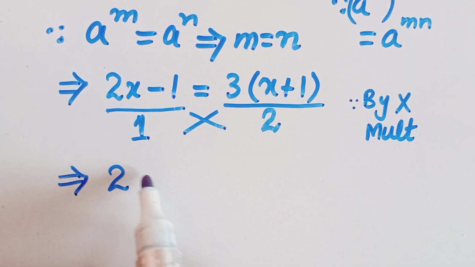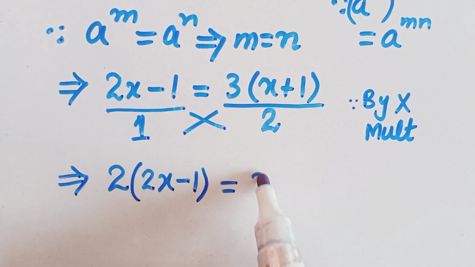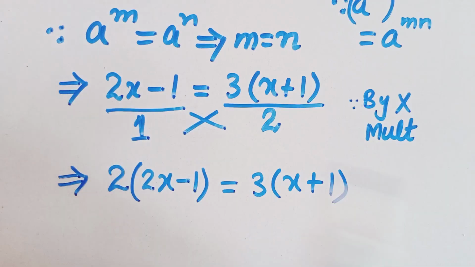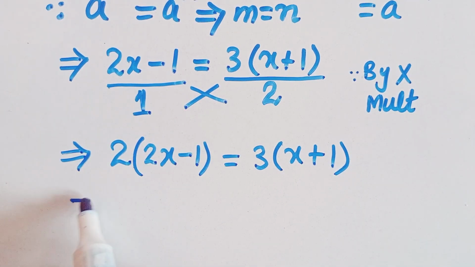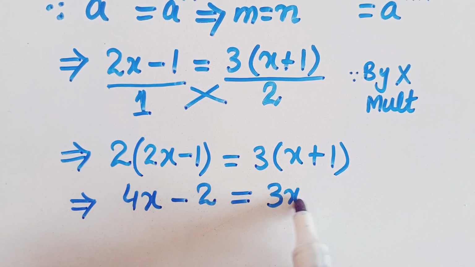That is, multiplying 2x minus 1 multiplies 2 equals 3 times x plus 1 multiplies 1, which will become 3 times x plus 1. Now solving the brackets, 2 multiply 2x will become 4x, minus 2 times 1 is 2, equals 3 times x, 3x, plus 3 times 1 is 3.